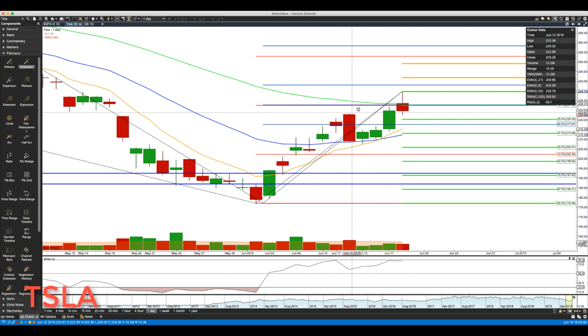Also, you can see here a much higher high in price, and this did make a lower high with the RSI. The prior high in the RSI was 78.9, right here. And then we had a higher high in price, but a lower high in the RSI right now. Yesterday's RSI was 78.1, less than 78.9, and today's is 77.6, which is also less than 78.9.